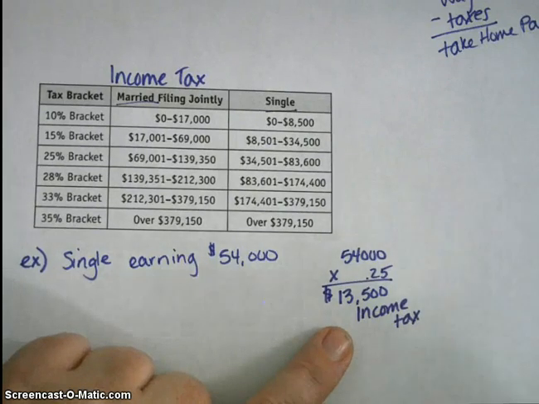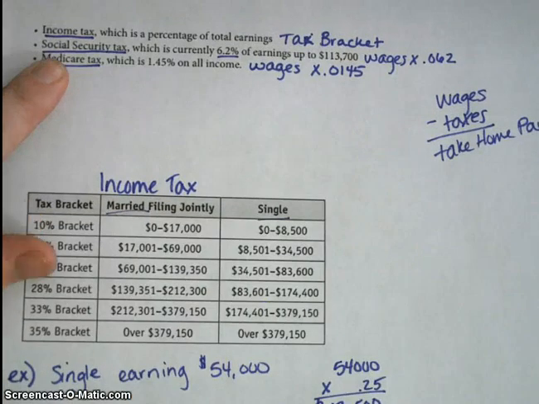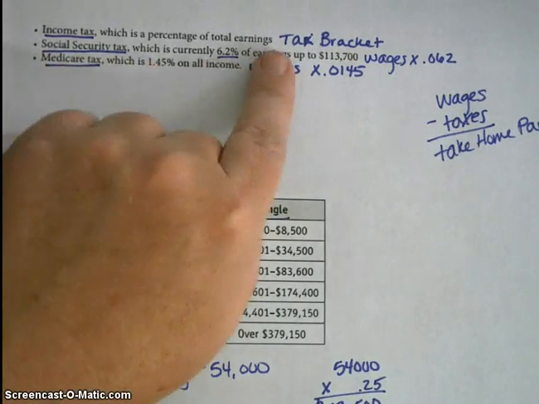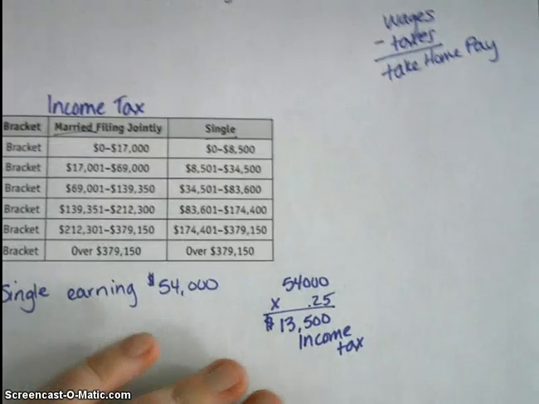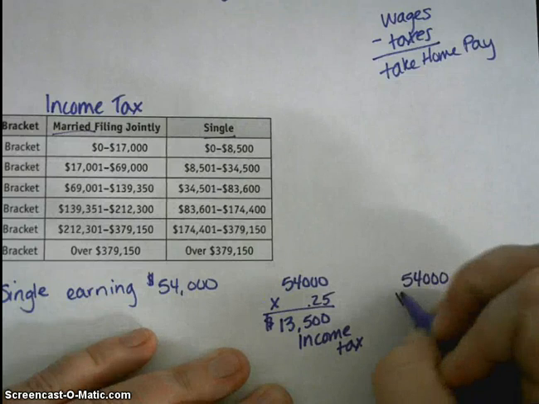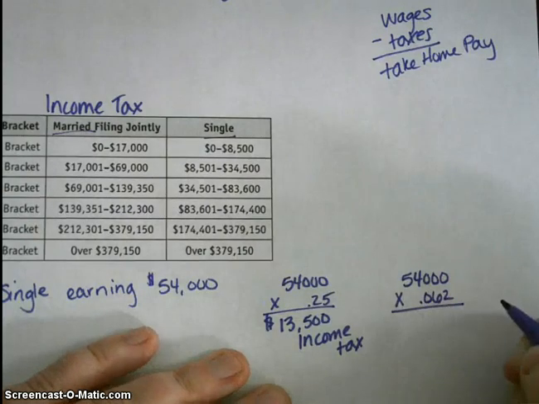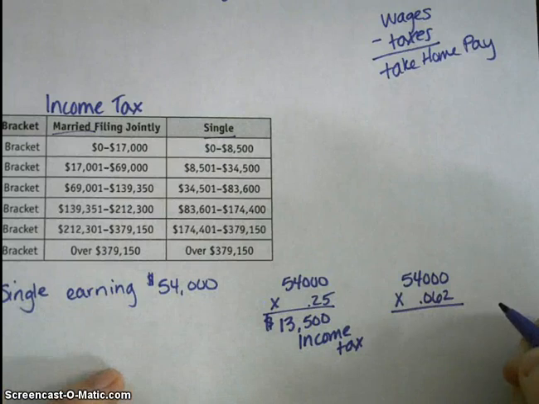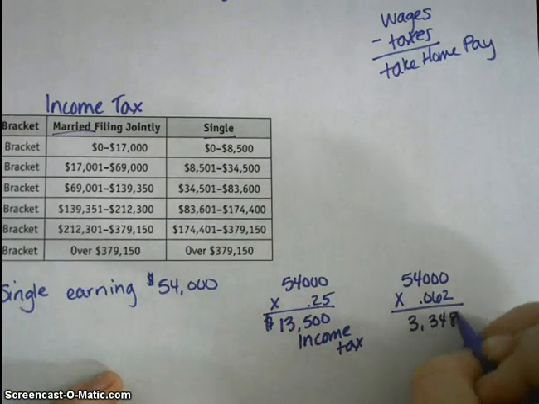Besides income tax, the next thing we had to figure out was Social Security tax. And so I was going to take my wages and multiply by 0.062. So my wages, again, were $54,000. So I'm going to take $54,000 and multiply by 0.062. And when I do that, I get $3,348.